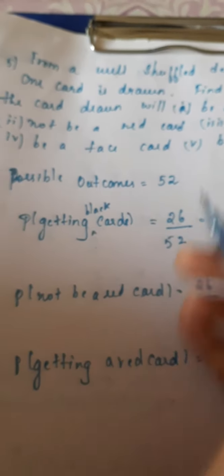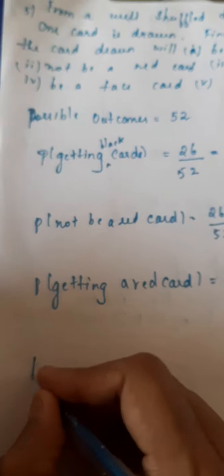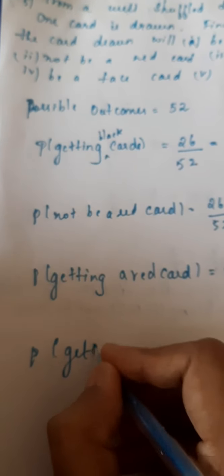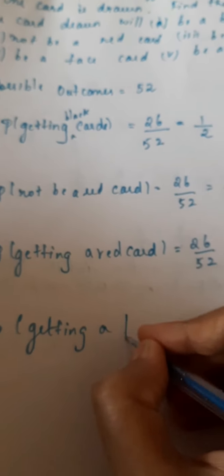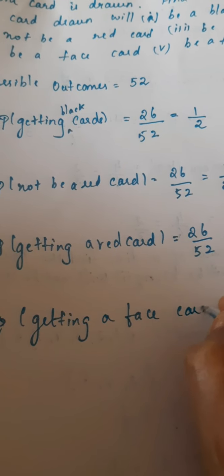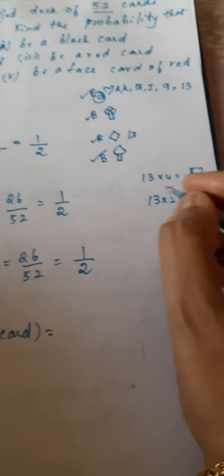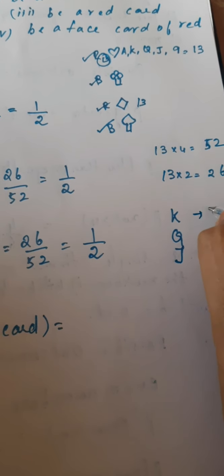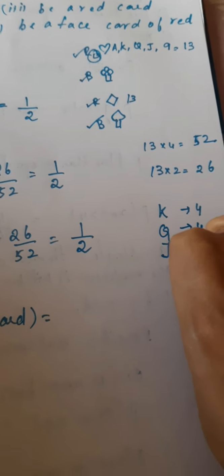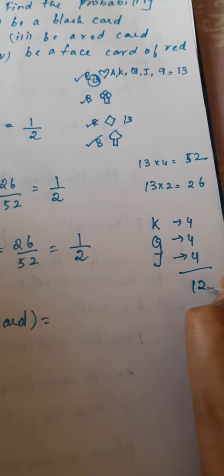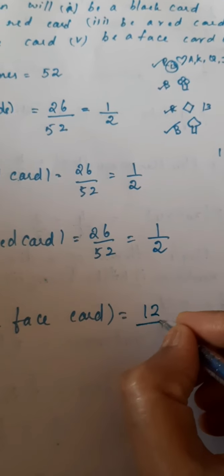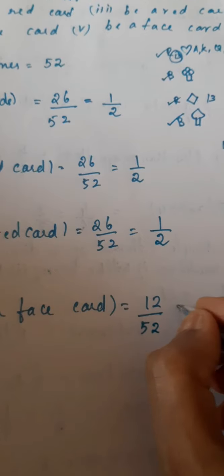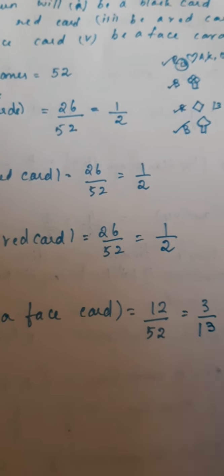Next, the probability of getting a face card. Here the face cards are 4 kings, 4 queens, 4 jacks. So that's going to be 4 three times, 12. So 12 by total outcomes 52. Further simplifying, 3 by 13.